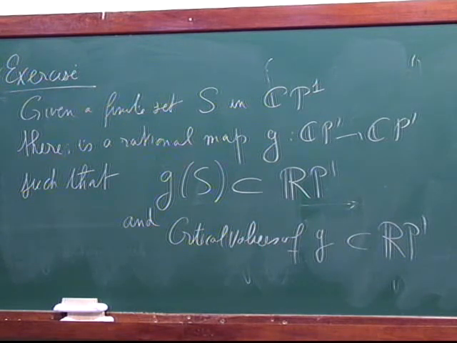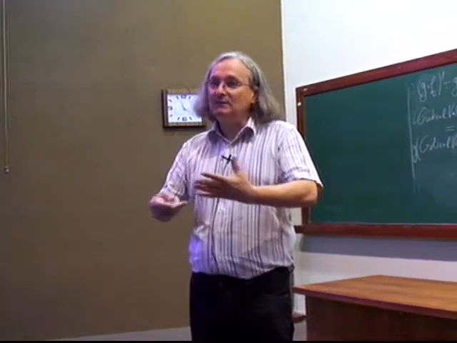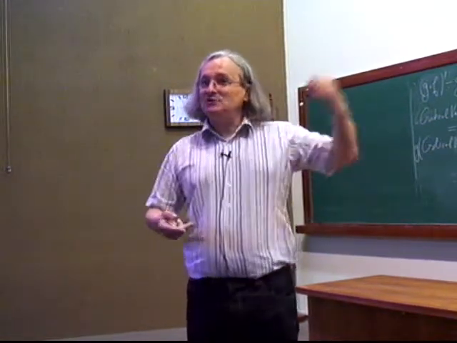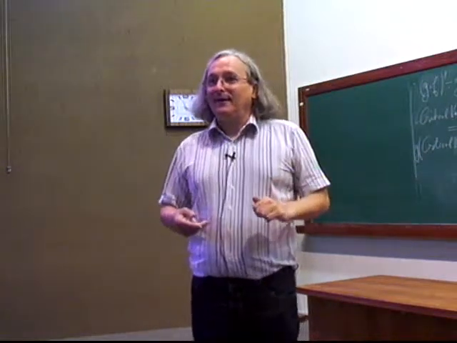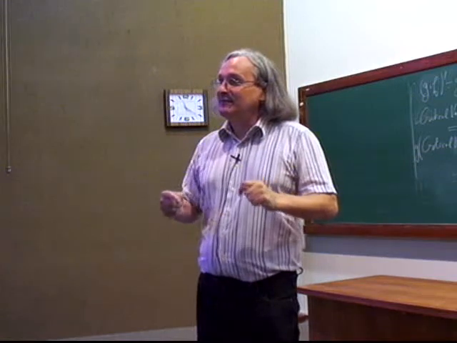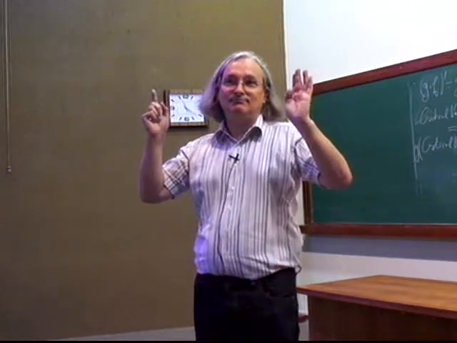How do you do it? Uniformization. Yeah. So that's not obvious at all. What is easy, and I'll show it to you now, is if the 4 points are real. If the 4 points are real, easy.